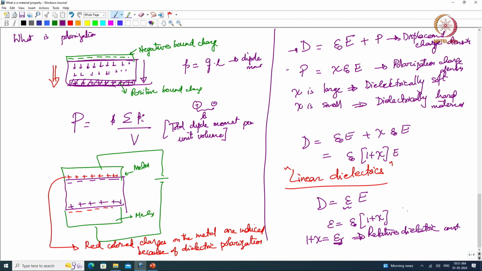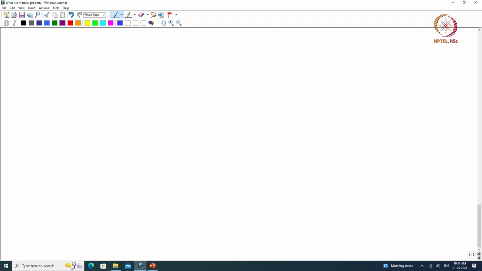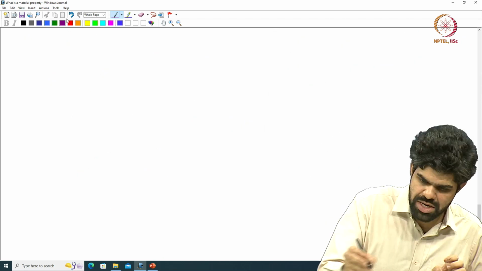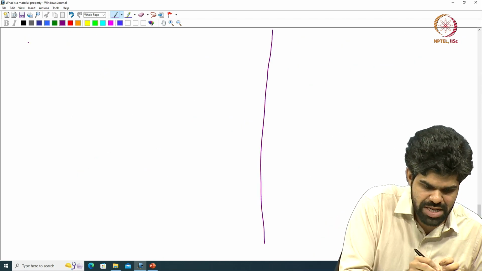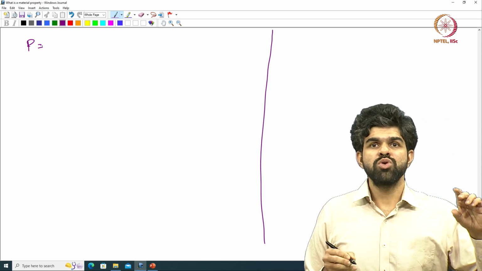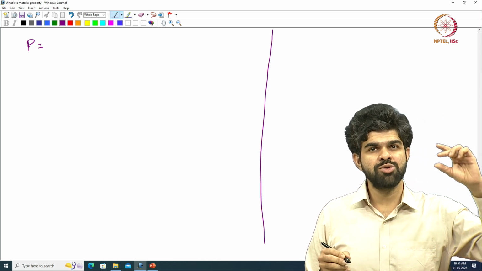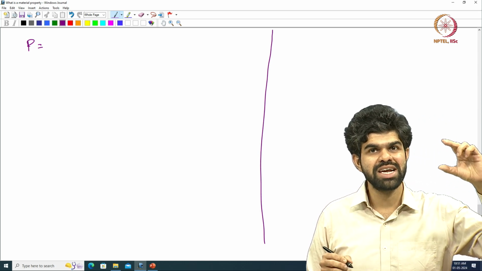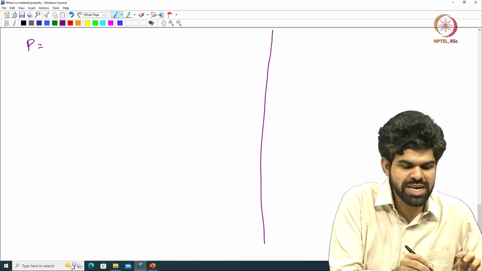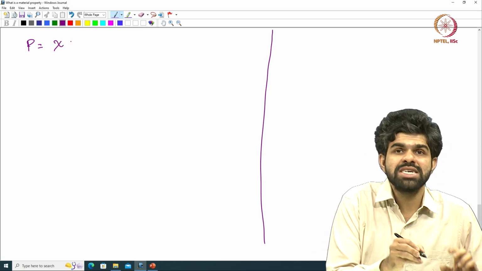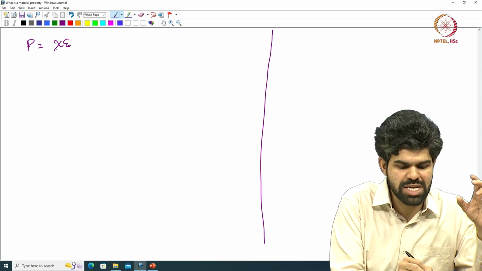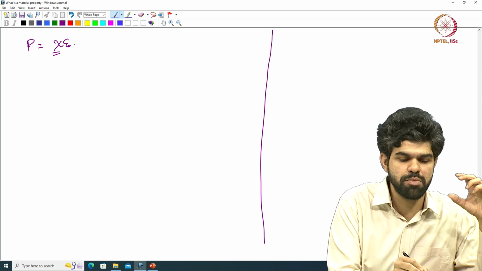Okay. So effectively we have defined two quantities. One is the polarization, which is the response of the dielectric. The dielectric gets polarized when I apply an electric field, and the amount of polarization it gets is related to the susceptibility. So susceptibility is the property of the material.